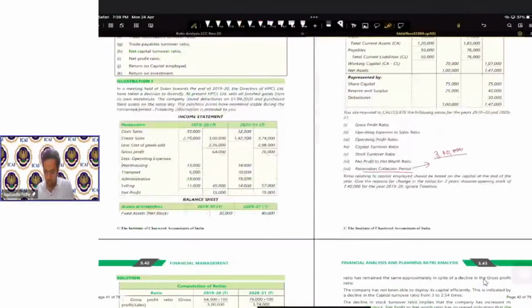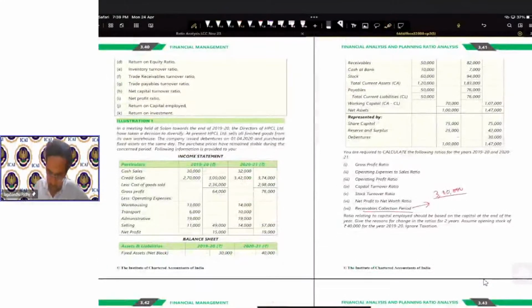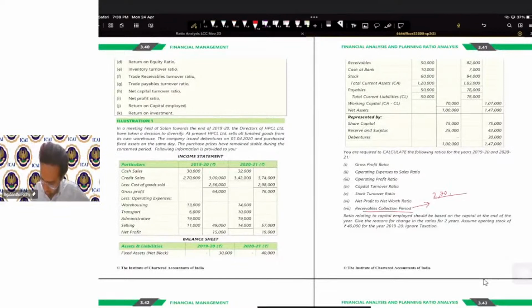Now, of course, I cannot take 3 lakh fully for receivables because 30,000 is cash sales, right? So I'll take 2,70,000, which is the credit sales, divided by your receivables amount, which is 50,000.